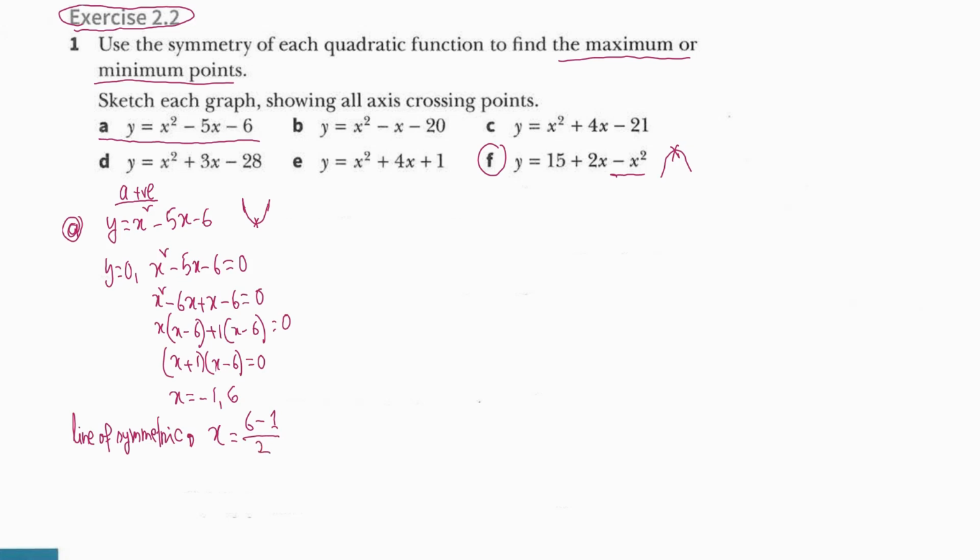It gives us 5 by 2, which is 2.5. This is our line of symmetry. With this line of symmetry we can find the minimum point.